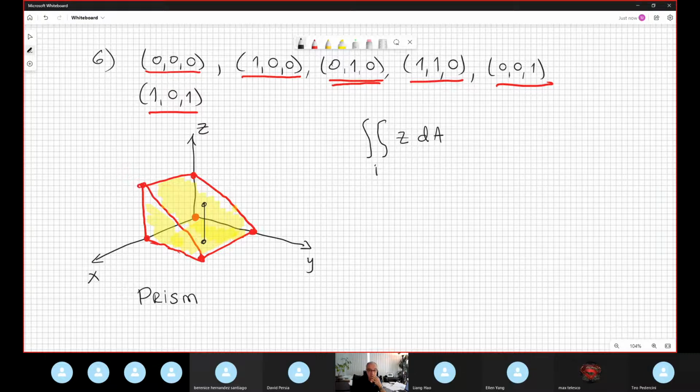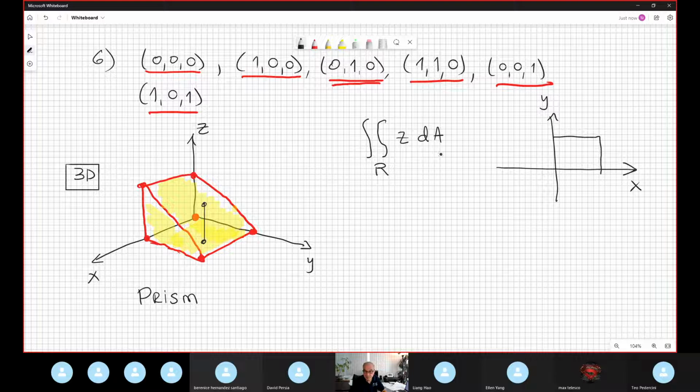And the region is obviously the projection, no? This is 3D. Entonces en 2D view, for example, es obvio que this is an elementary square. Every side is 1.